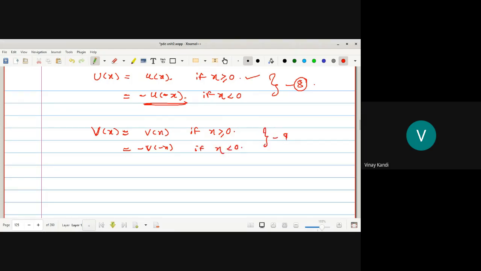Give it as equation number 9. Now from u and v, we can see that capital U and capital V are odd functions. So we know that now.